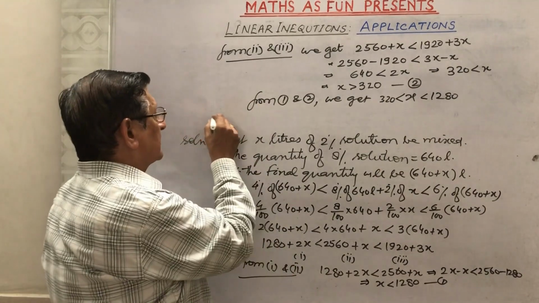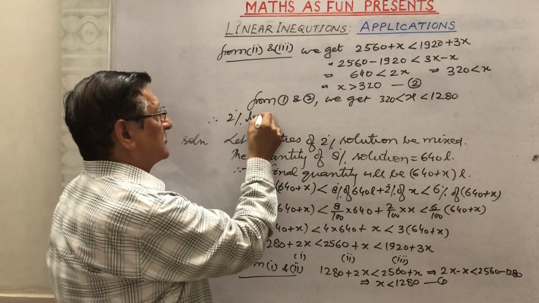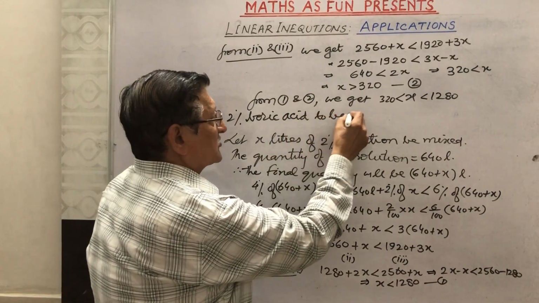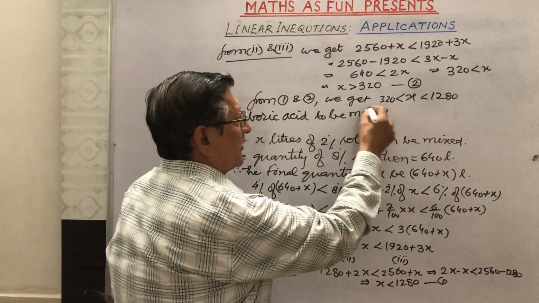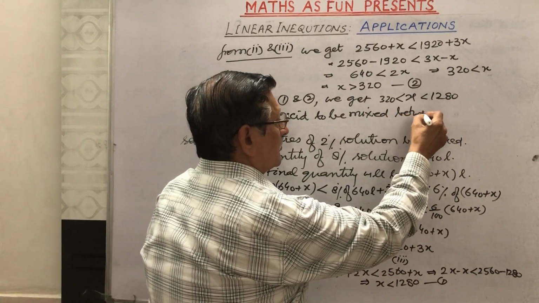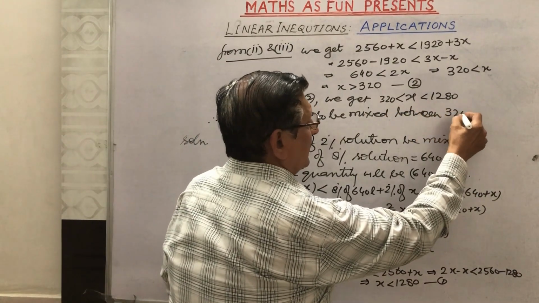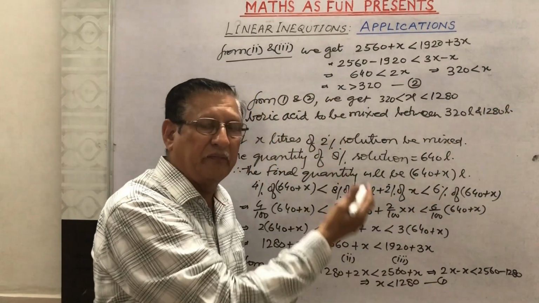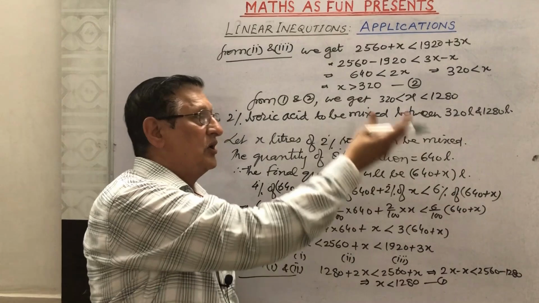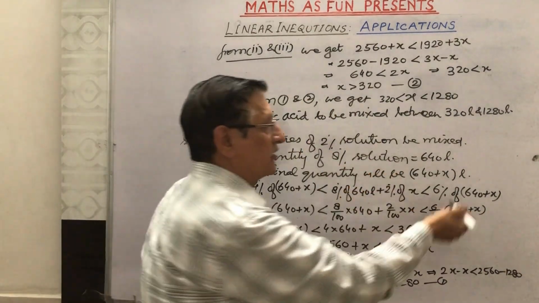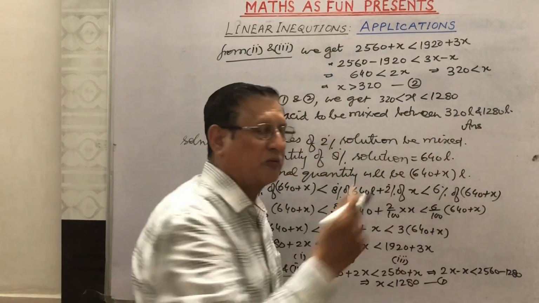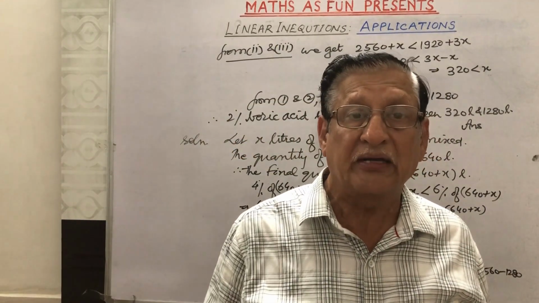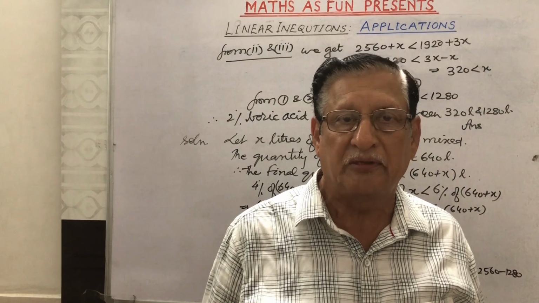It means we can write, therefore, that the 2% boric acid solution to be mixed is between 320 liters and 1280 liters. It means that it may be more than 320 liters and less than 1280 liters, and this is the answer to the problem. So from these examples you might have understood how to apply inequalities to the given problems.